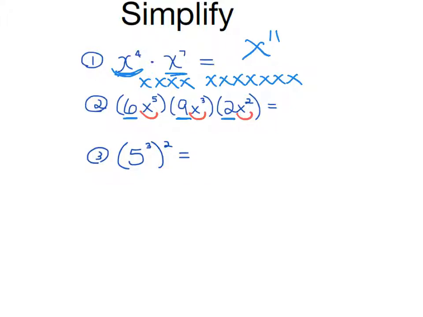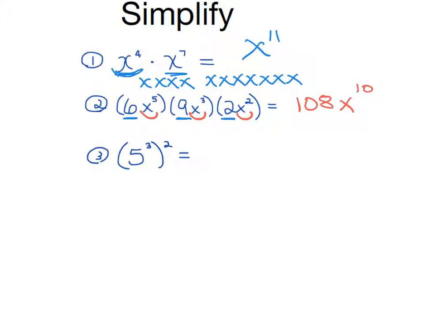So I'm going to multiply 6 times 9 times 2, and I get 108. And then for the variables, they're all the same variable. They're all x. So now I'll add 5 plus 3 plus 2, and I get x to the 10th power.